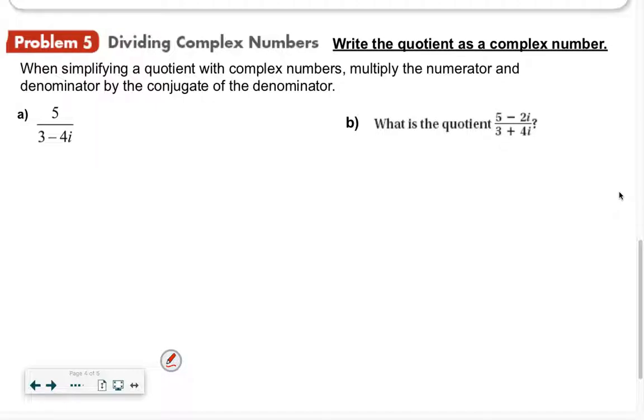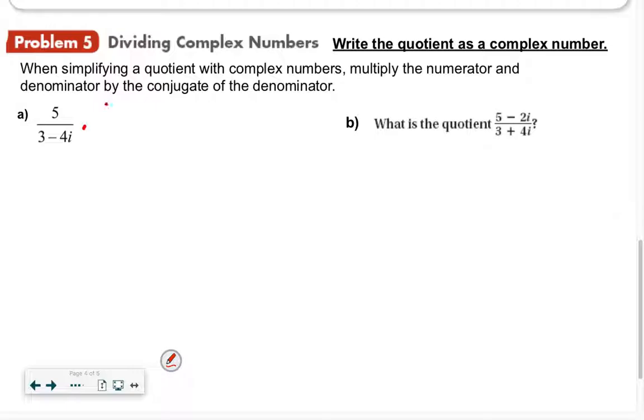Well, it's kind of the same thing with complex numbers. It's technically improper to leave the complex number in the bottom. So we want to get rid of the complex number on the bottom by using the conjugate, the opposite stuff. It's kind of like when we talk about opposite reciprocals, like 1/5, you multiply it by 5/1.